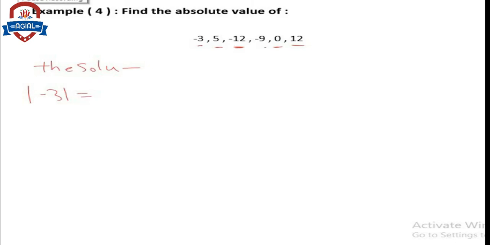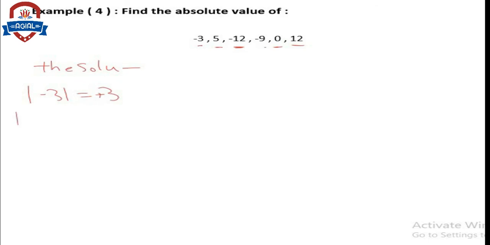Now the absolute value of any integer number is equal to a positive number. So the absolute value of negative 3 is equal to positive 3.